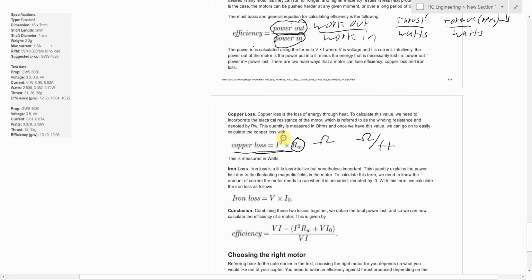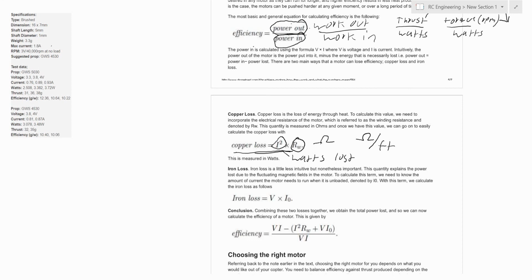So the more current you feed through, this is how many watts are lost. It does actually take power just to push current through a wire and do nothing, right? Unless you want to heat something. So this is lost as heat.